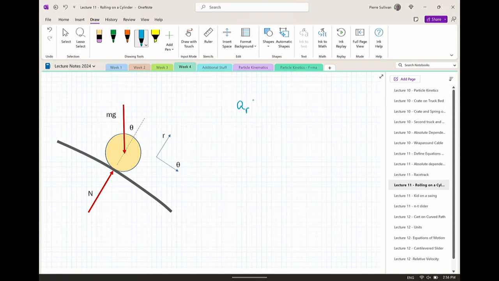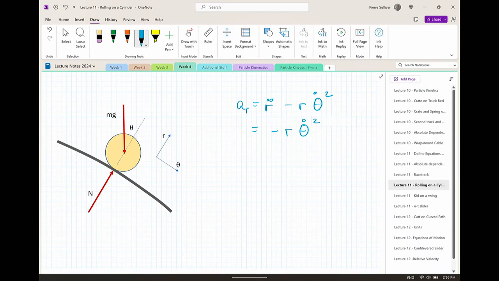A reminder, in this particular problem, there is no change in r. This is going over a circular arc. That r is not changing with time, so r dot and r double dot will equal 0.